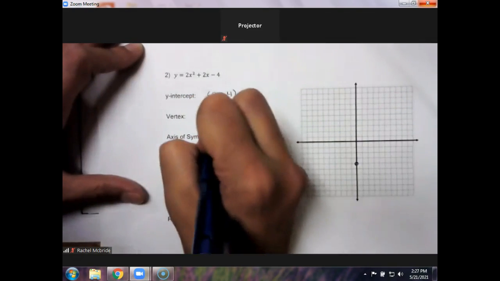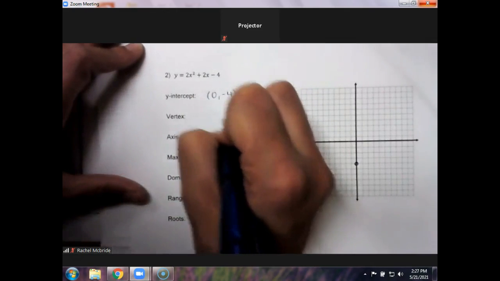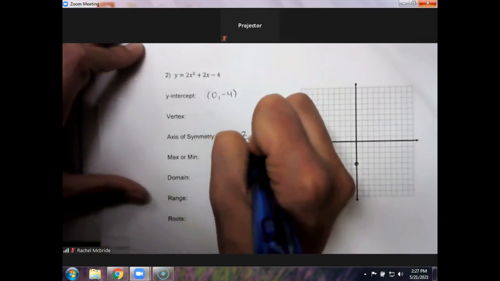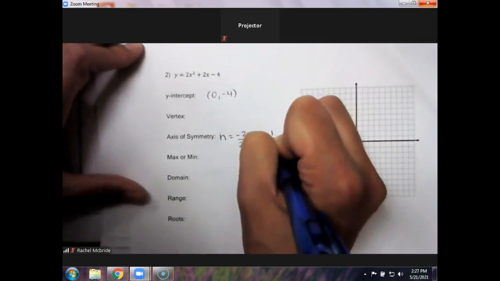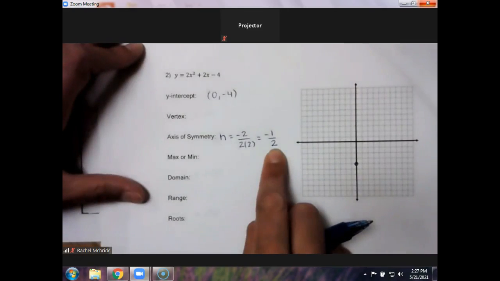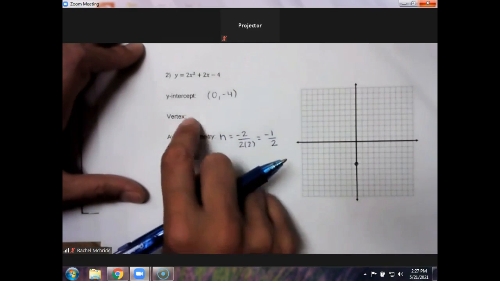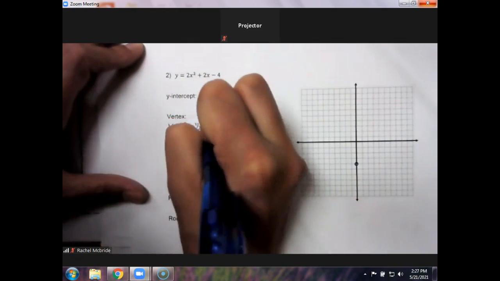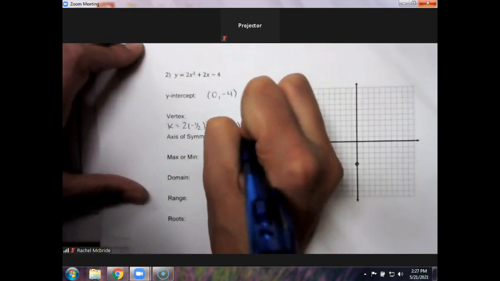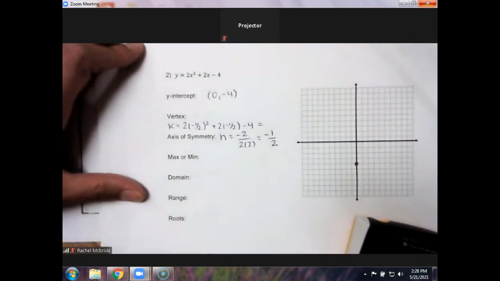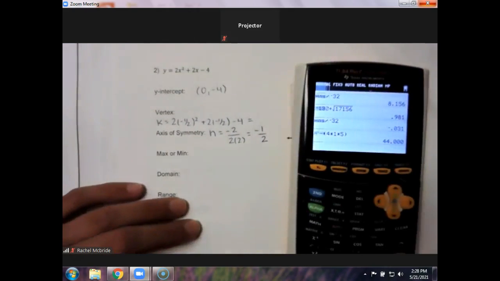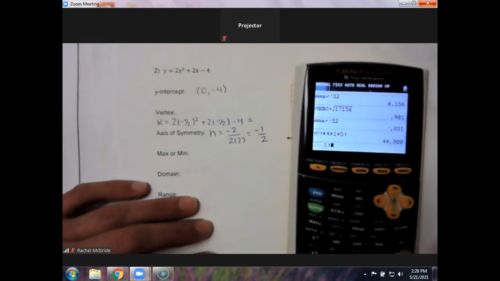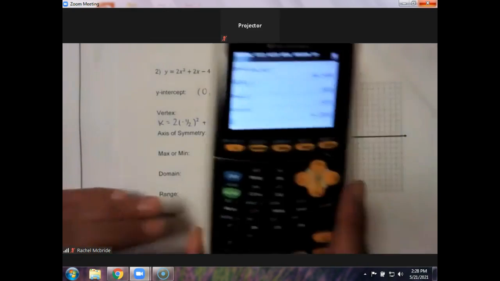The vertex comes from the h, which is negative b divided by 2a. So it's at negative 1/2. You plug in negative 1/2 to find k. So you get negative 4.5.